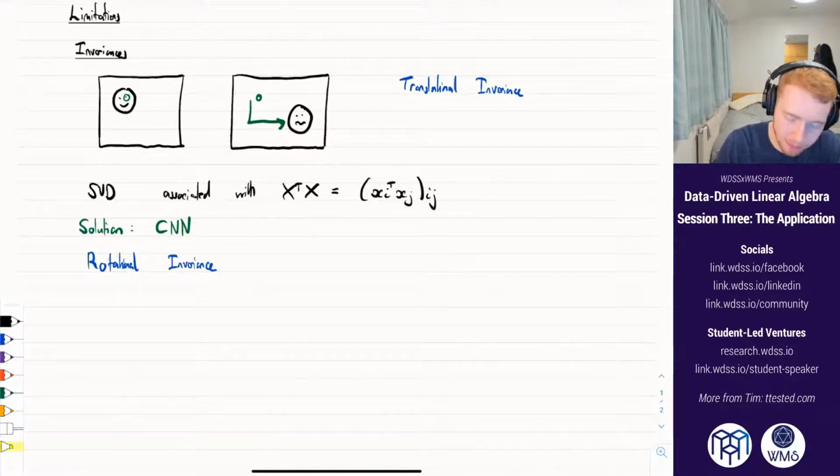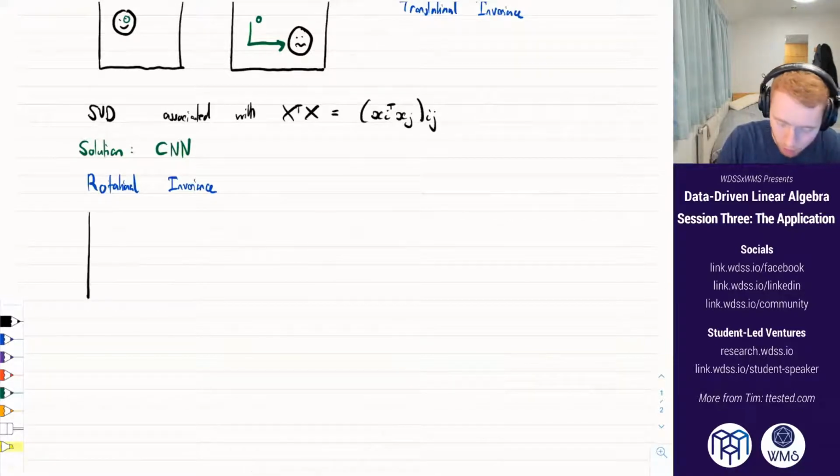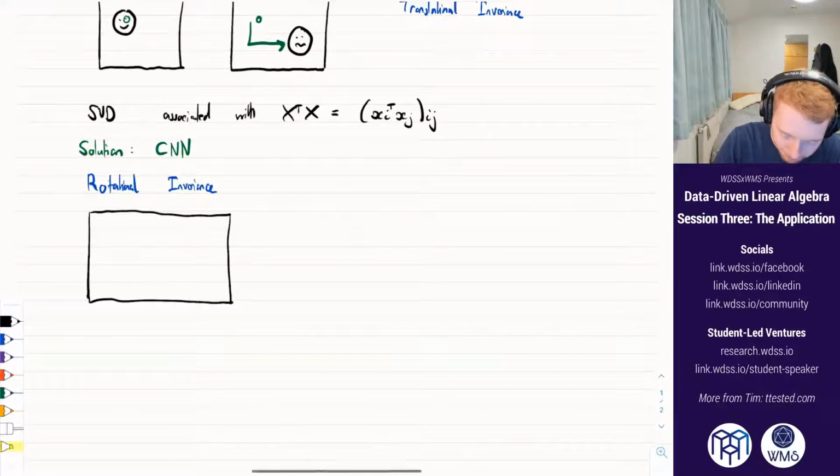So you can imagine when we had that cat example before, imagine we're trying to take an image and represent it in a very low rank space. And so let's start with an image that looks something like this. So it is a white square with a black square in the middle.